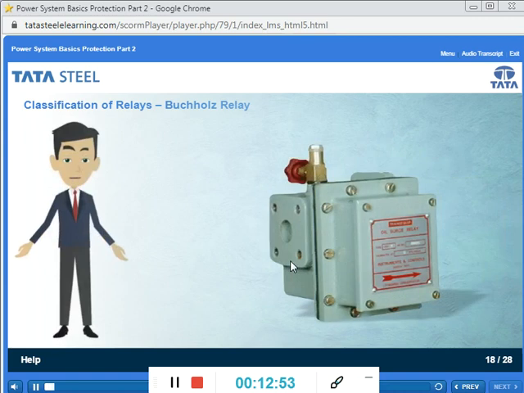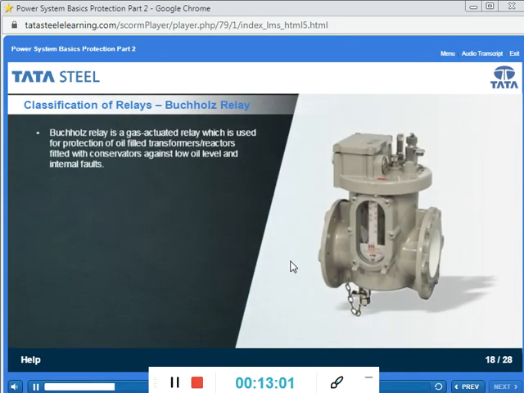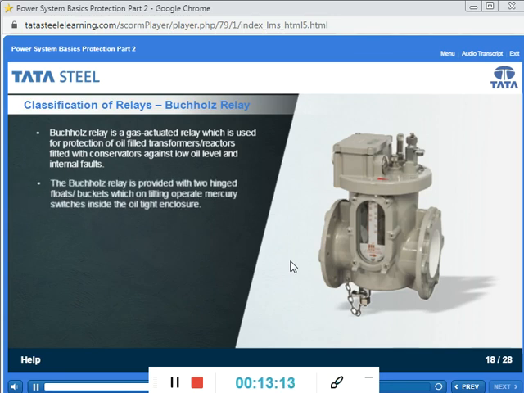The next type of relay is the psychoelectric relay or gas-operated relay, which is also referred to as the Buchholz relay. It is a gas-actuated relay which is used for protection of oil-filled transformers or reactors fitted with conservators against low oil level and internal faults. The Buchholz relay is provided with two hinged floats or buckets which on tilting operate mercury switches inside the oil-tight enclosure.